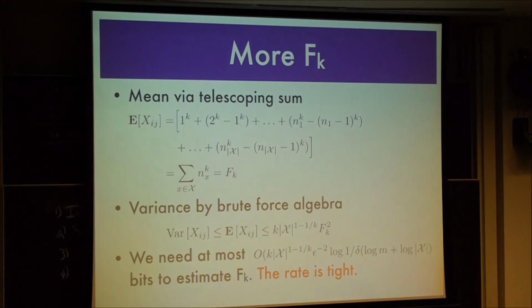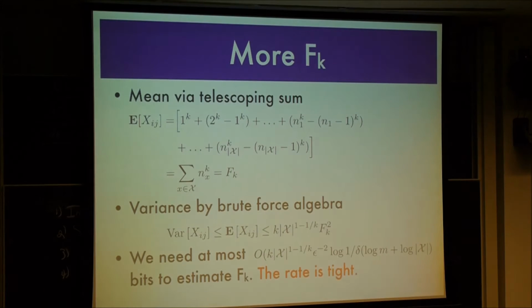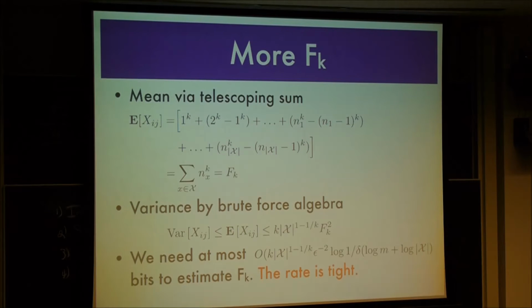Because with probability appropriate to that, we are getting sums of 1 over k plus 2 to the k minus 1 over k and so on. And we get that for each different element in that dictionary. And now this is, of course, exactly f_k. So we're safe.